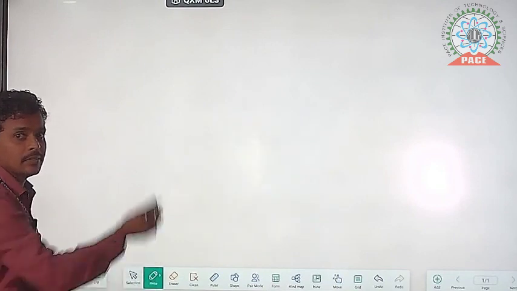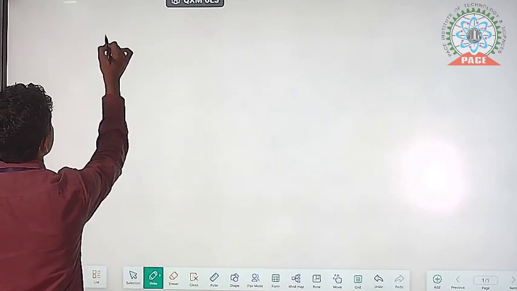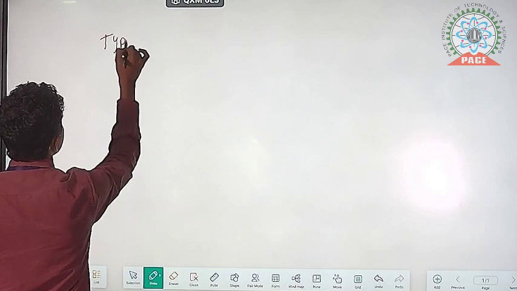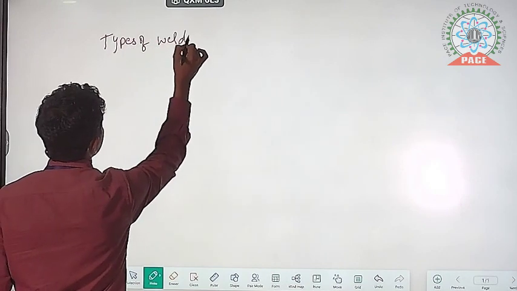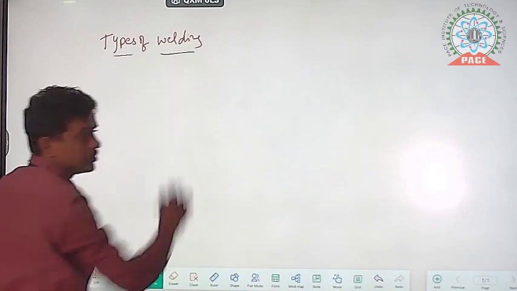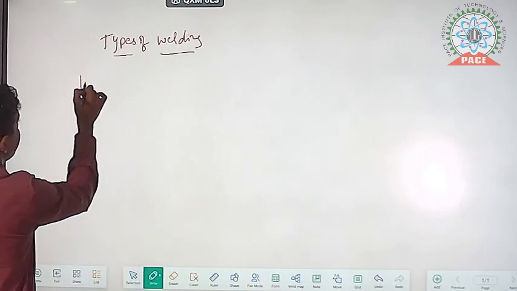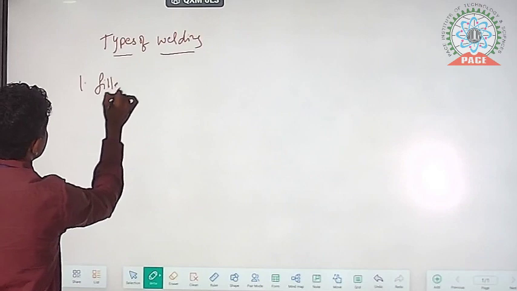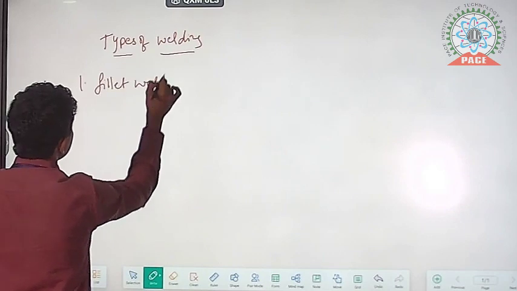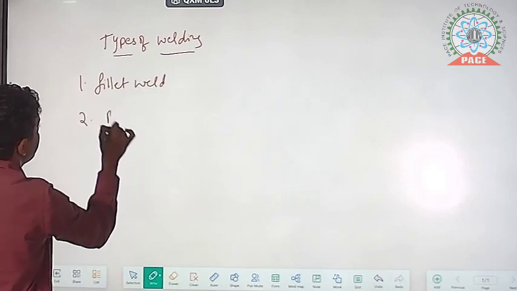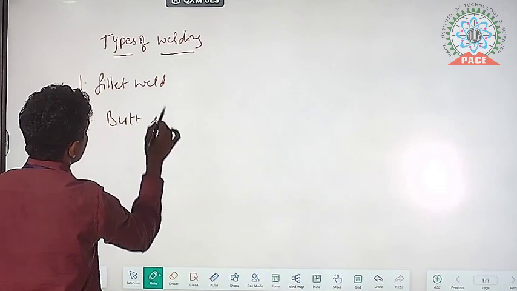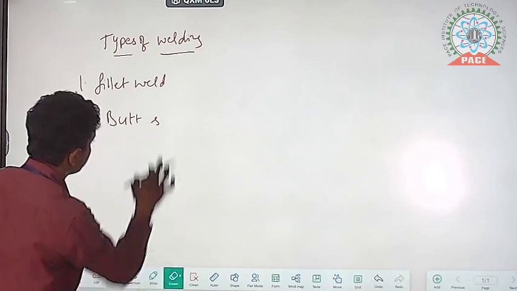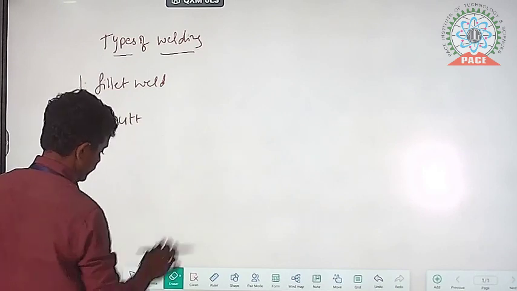Types of welding. One is the fillet weld, second one is the butt weld, and the next one is the slot weld.